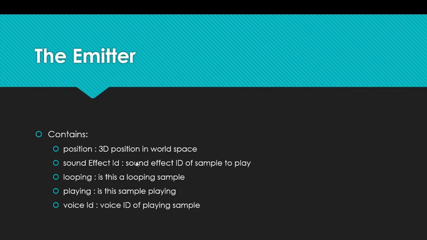That sound effect ID could be shared across multiple emitters. You might have lots of people firing rifles and they all share the same rifle sound effect, but they will have a unique voice ID for each time that's played, unless it's looping. And also you might have some status indicators, like is this a looping noise and is it currently playing.